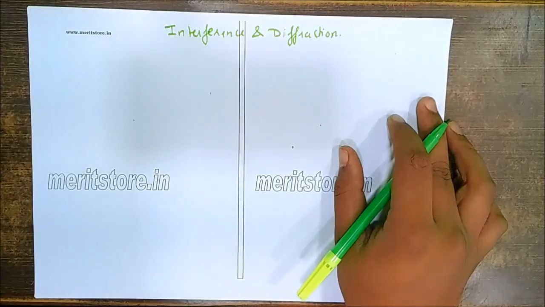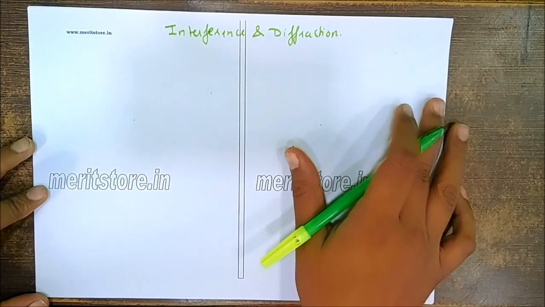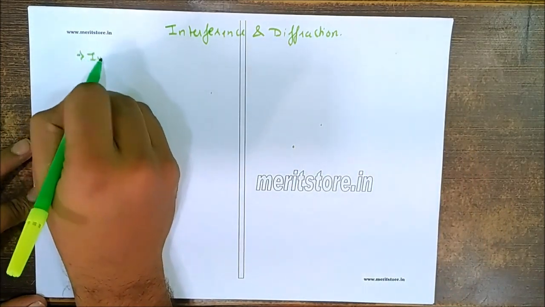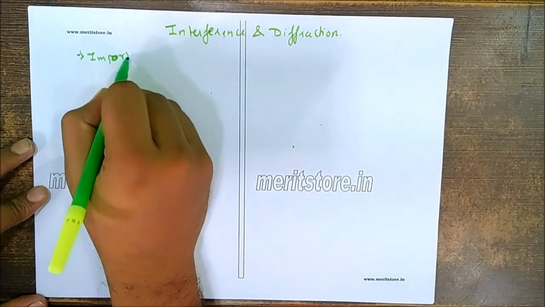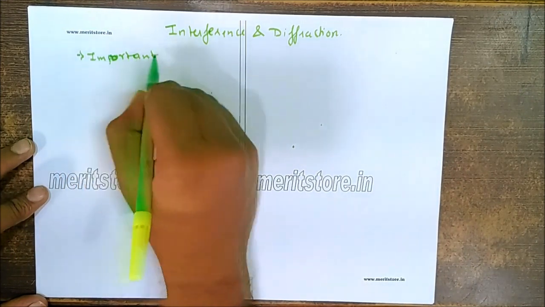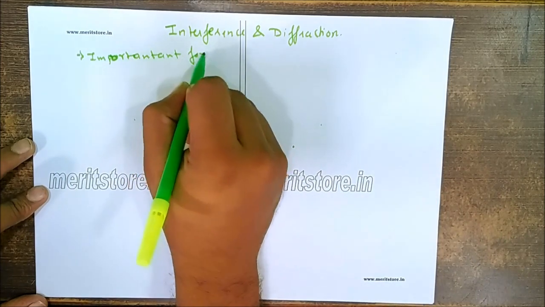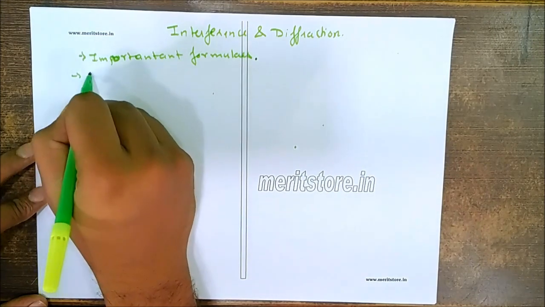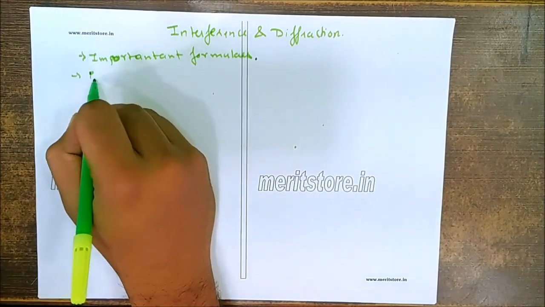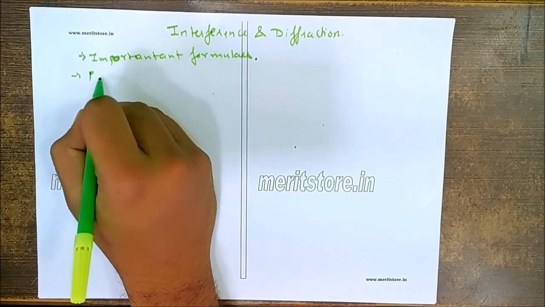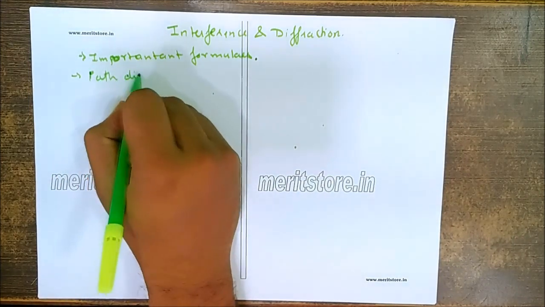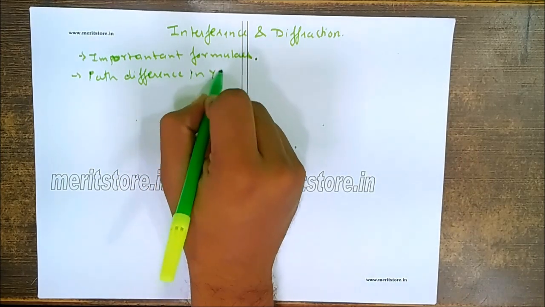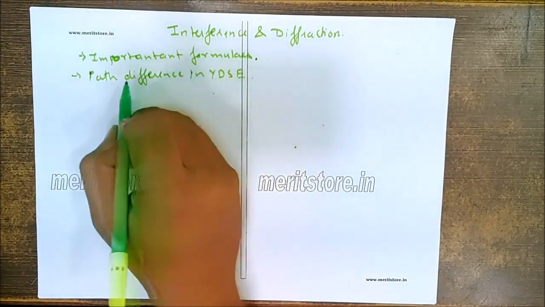Alright. The next chapter is interference and diffraction. First of all, the important formulas. Path difference in Young's double slit experiment.